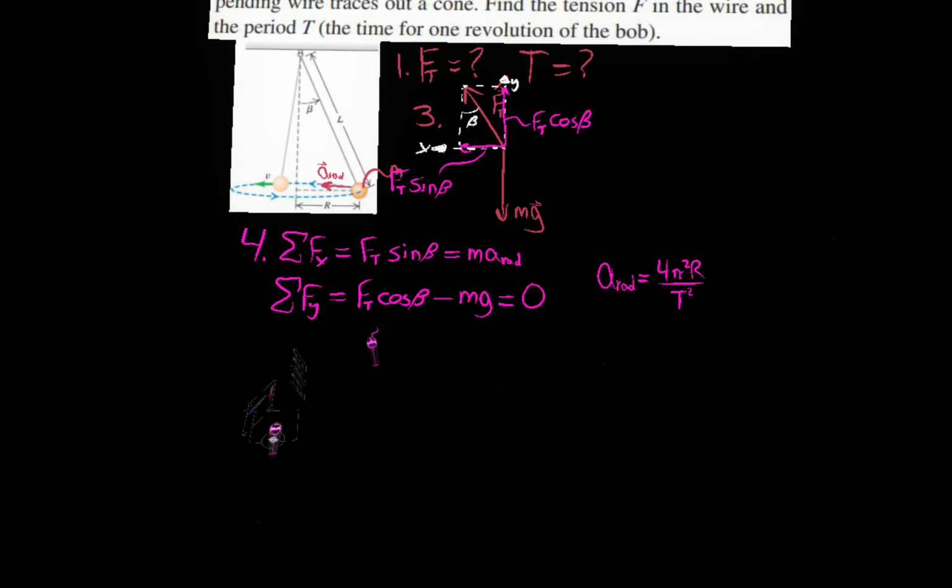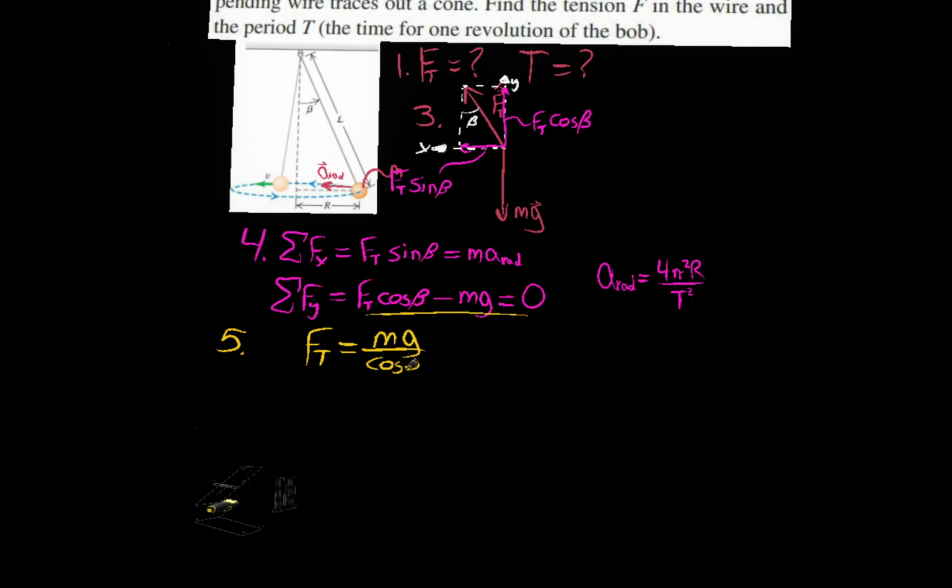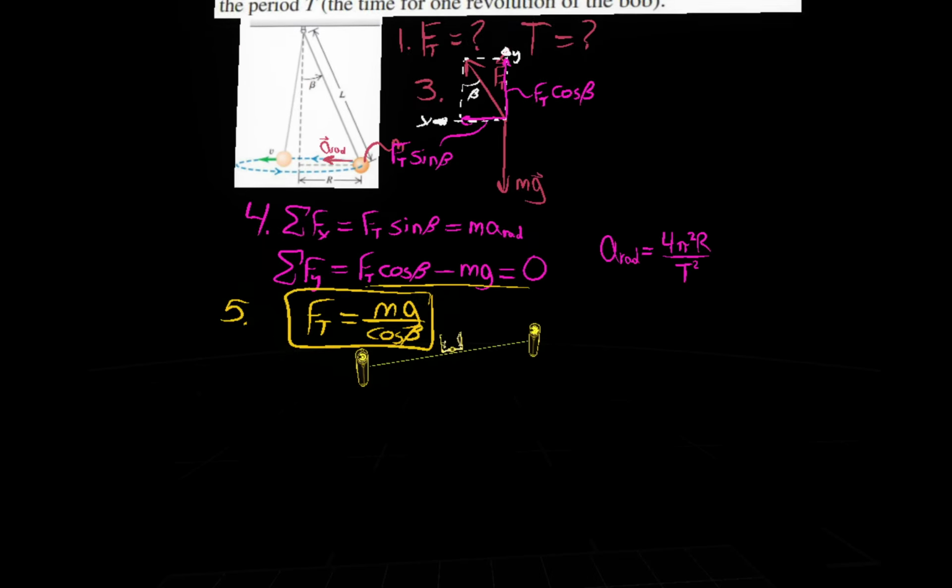So first, we'll go for gold now. F_T is pretty easy. We can do it just with this equation alone. F_T is equal to mg over cosine beta. And that is one of our answers. Done already. That was the easy part.